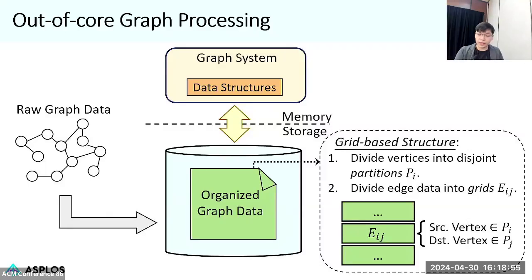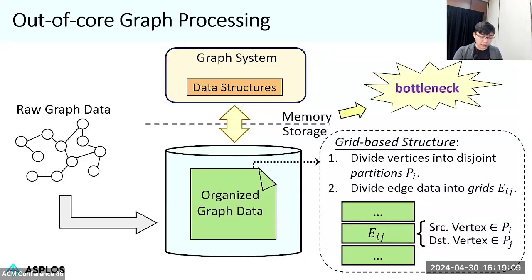Processing a grid can enjoy good locality of access because if a grid is being processed, we don't need to access the entire vertex data, but can confine the access to two partitions only. During runtime, the graph system will process one grid at a time by loading it into memory.